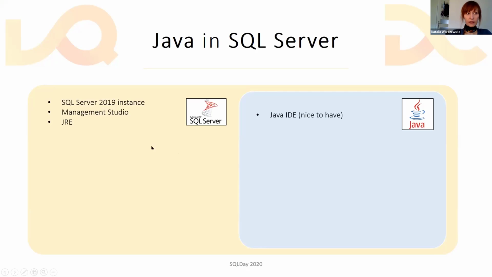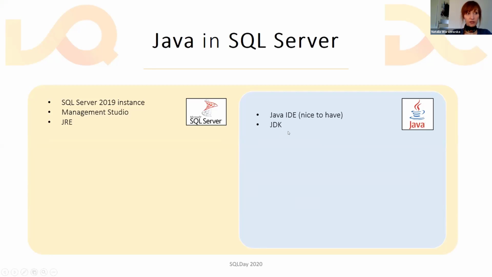On the Java side, it's good to have an IDE, but you don't need it. You can use your notepad and prepare very simple code without any special IDE, especially when you need to prepare only a single class with some calculations.